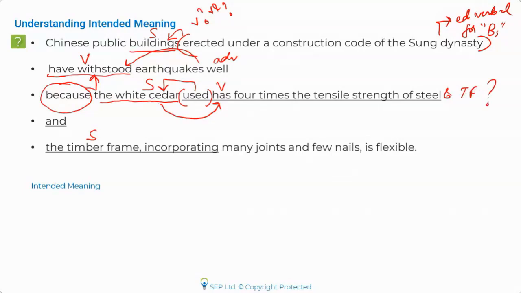Does it make sense, guys? Won't it be strength of steel and strength of timber frame, or strength of steel and that of timber frame, if that was the case? But that is not the case. So please understand here, it is illogical to read timber frame along with strength of steel.